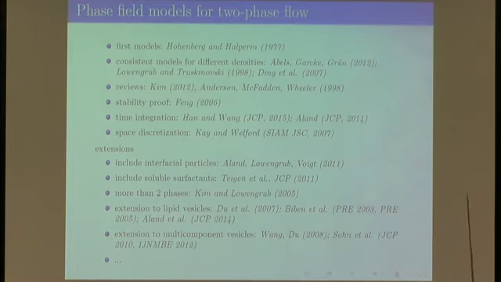The model which I've shown here is basically the model from Abels, Garcke and Grün, just from 3 years ago. And there are review papers, stability proofs, time integration, space integration, and also lots of extensions have been considered, for example, to include interfacial particles, surfactants, more than two phases, or extensions to lipids and vesicles.